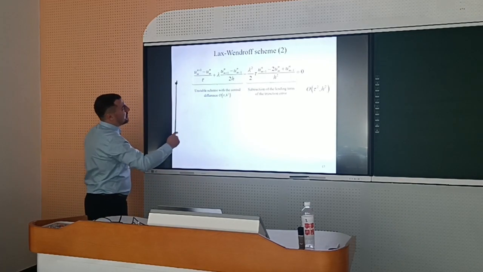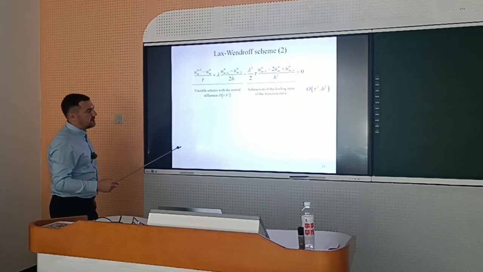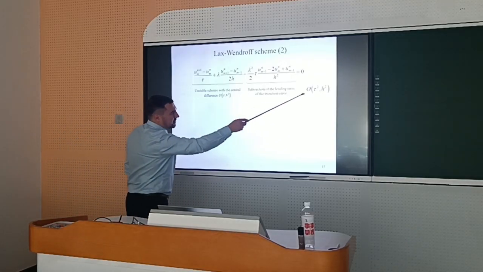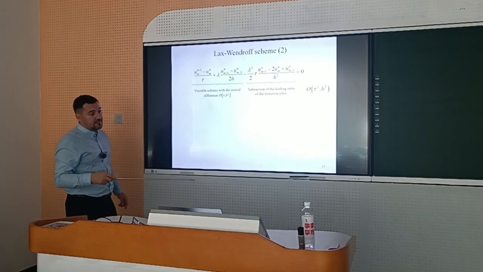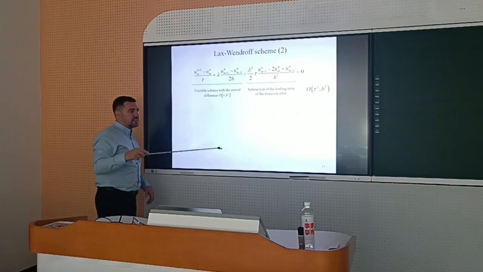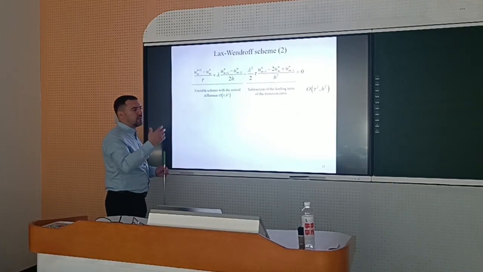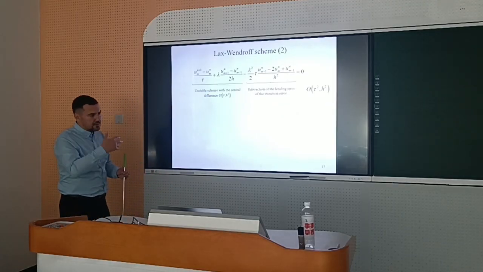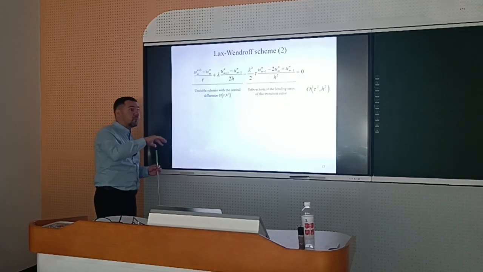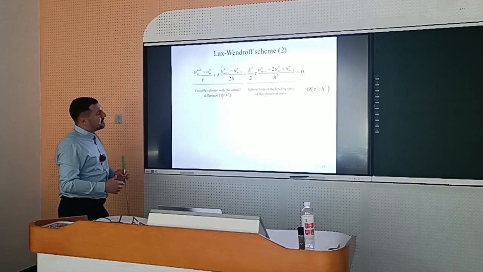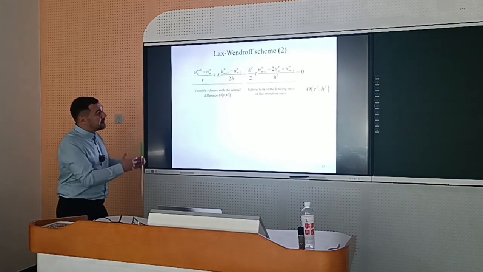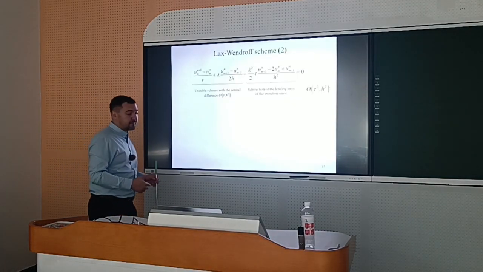So this scheme is called the Lax-Wendroff scheme, and this scheme is second order accurate both in time and space. And this scheme is stable again if sigma is less than 1. So you can think that your Courant number is less than some constant. This is a very typical limitation for explicit schemes for hyperbolic problems.